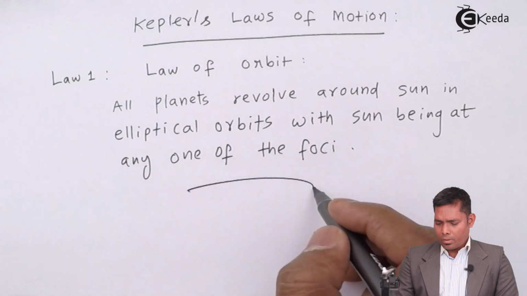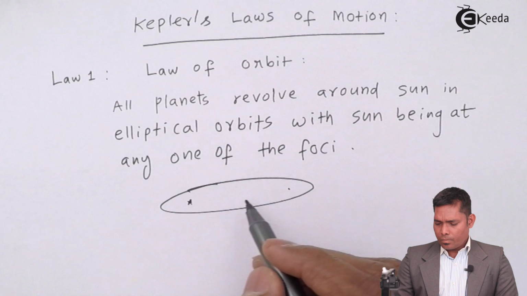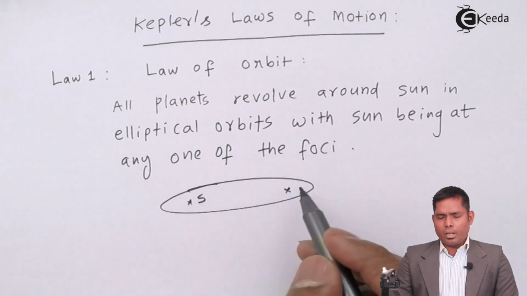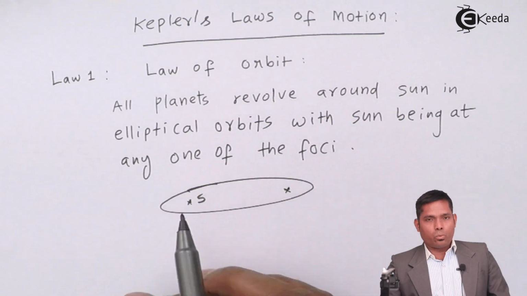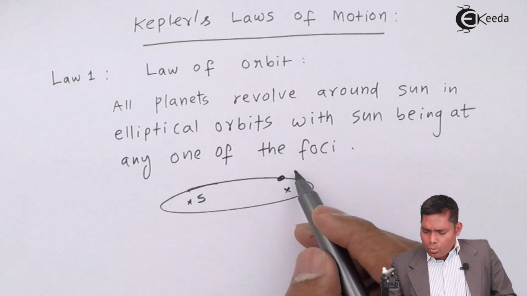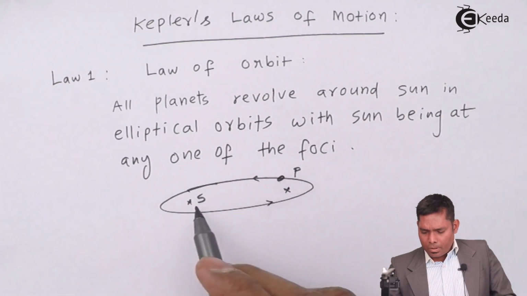If I have an ellipse like this and these are the two foci, the Sun has to be at one of them, and the planet has to move around the Sun in this elliptical orbit.